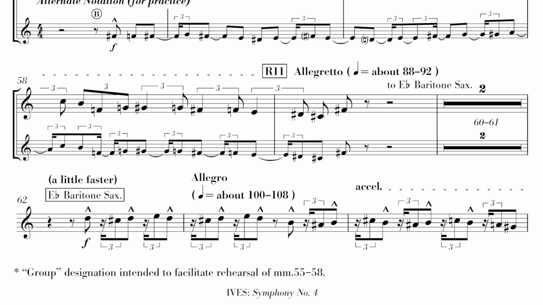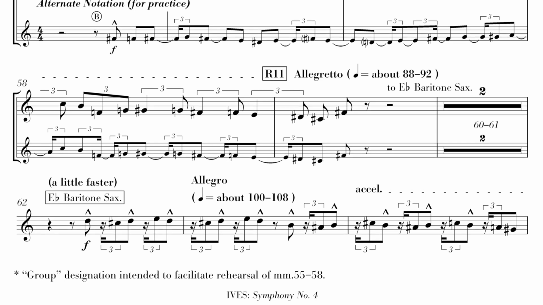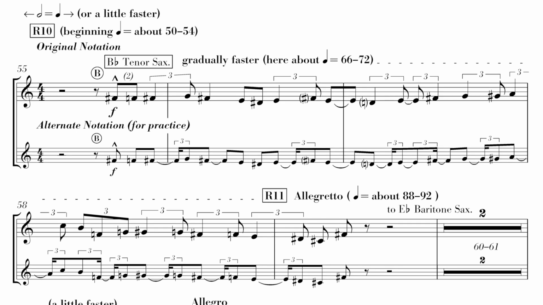Now, there is an alternate notation provided at rehearsal 10, and that's because the music here is complicated by the fact that it's all set off by an eighth rest, and Ives is writing across the bar line and so on. So if you were to play it on the beat, it would be dun dun dun dun dun dun and so on.